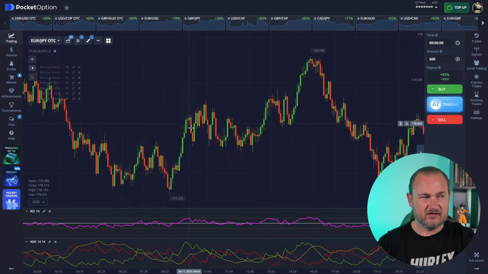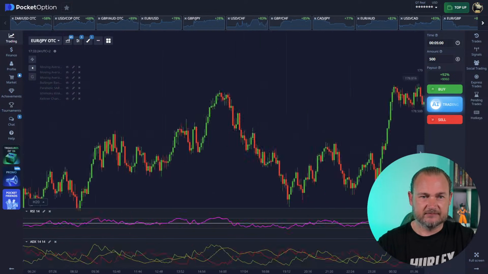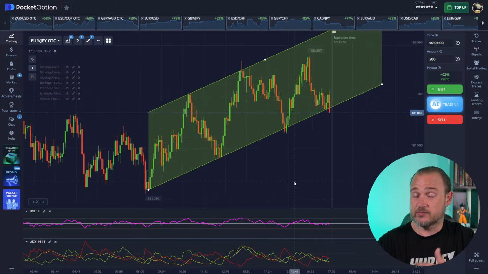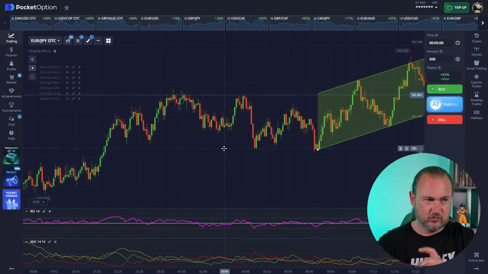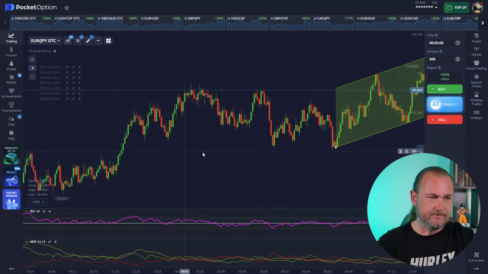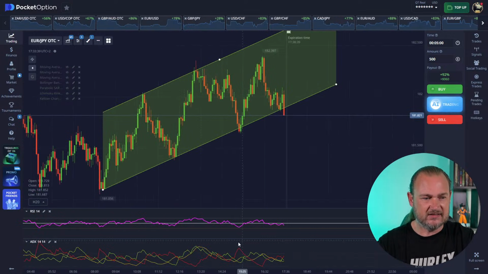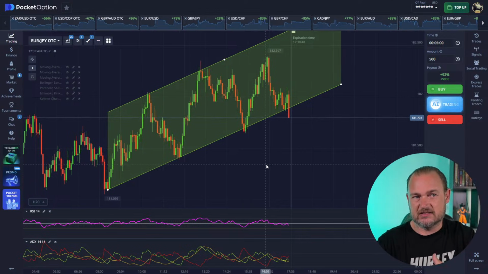Using it by itself would have been quite difficult, but if you combine it with a channel or a support and resistance area, you can almost always, not always, but almost always, you will find that if you do get a decent DI spike, a lot of the times it will be on an important support or a resistance zone. So this is something that's worth taking note of.